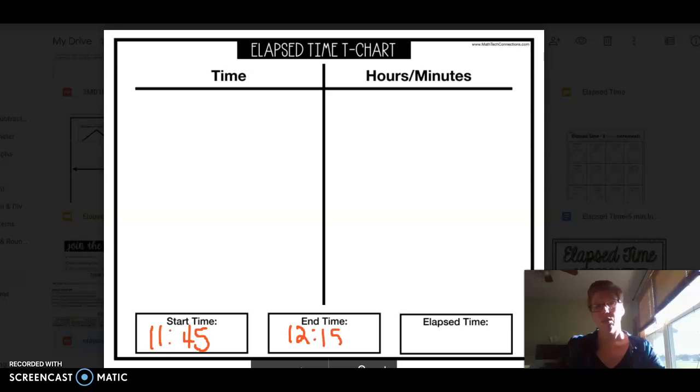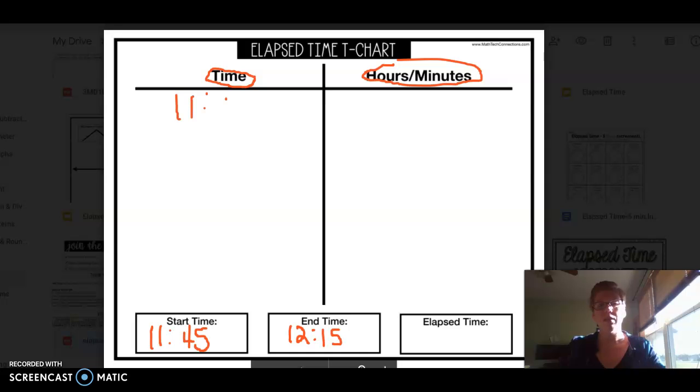Okay, so we've written down our start time and our end time. Now on this T-chart, on the left side where it says time, that's where we are writing down the time on the clock. And on the hours and minutes section, that's where we are going to be adding up either hours or minutes.